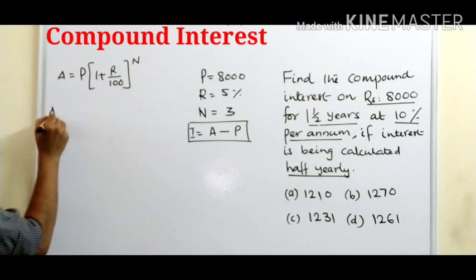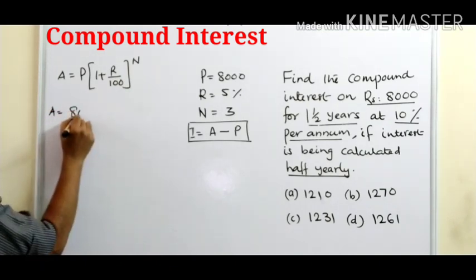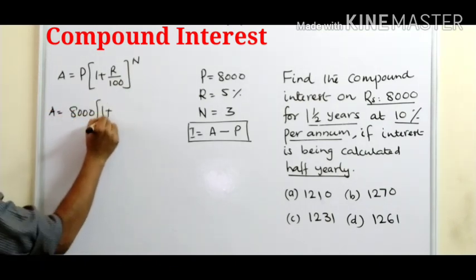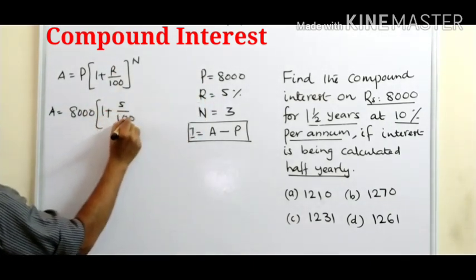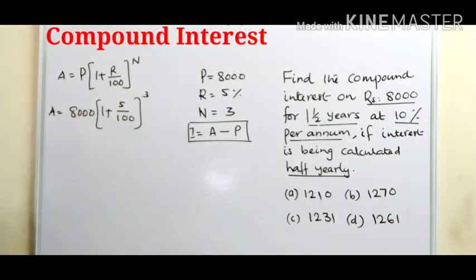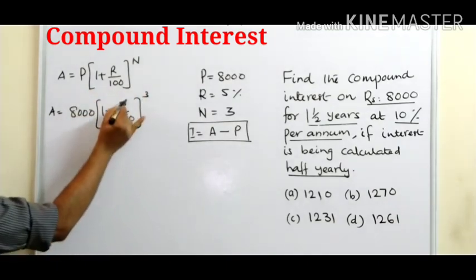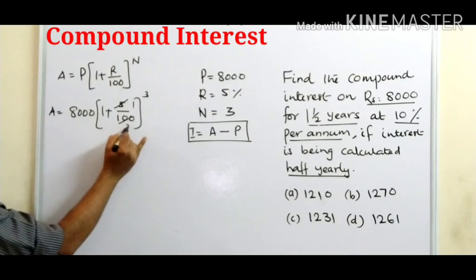So A is equal to, what is P? 8,000 into (1 plus R by 100), 5 by 100, power 3. So now I can cut this 5 and 100. 1 by 20.